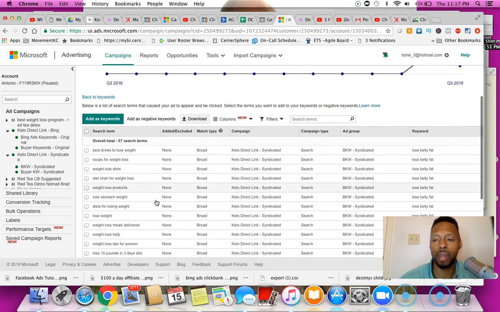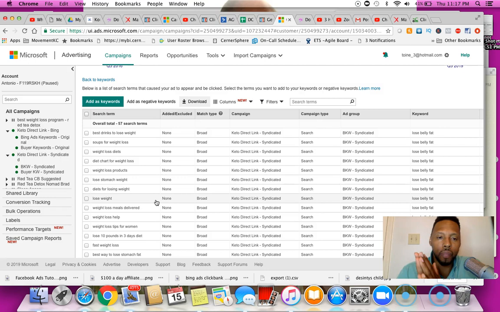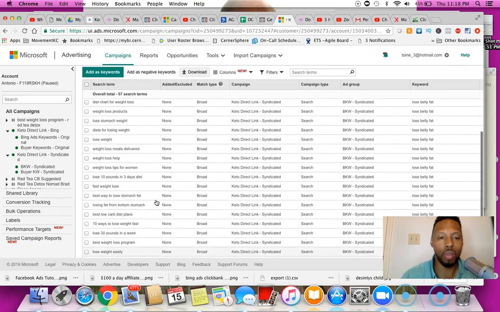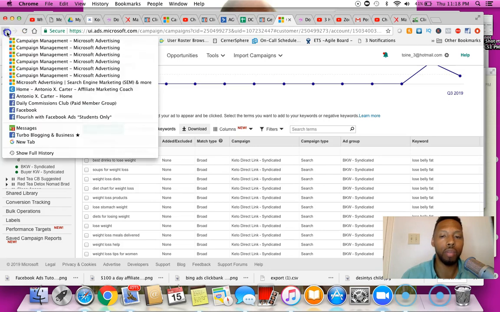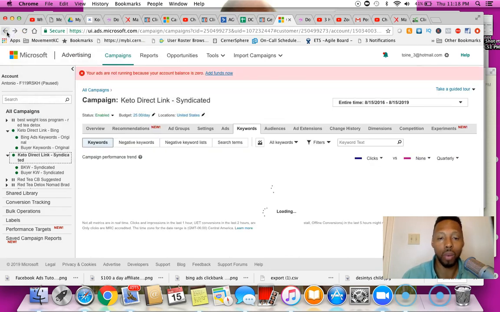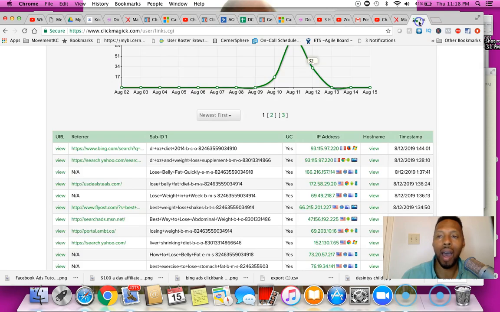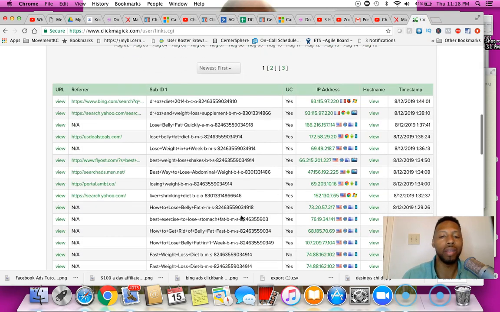So what I did was I expanded, being that it's broad, it's when somebody just types a part of that word, all of these words come up within Bing. And this is what people have been typing in. So instead of playing a guessing game, trying to figure out what word they clicked, I'm actually able to come over here and see exactly what words are being clicked on.